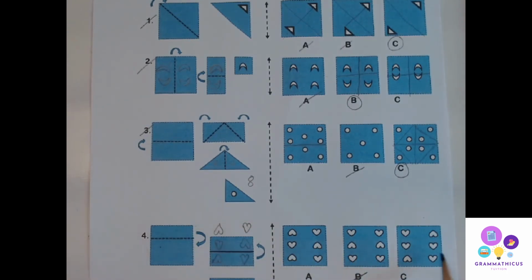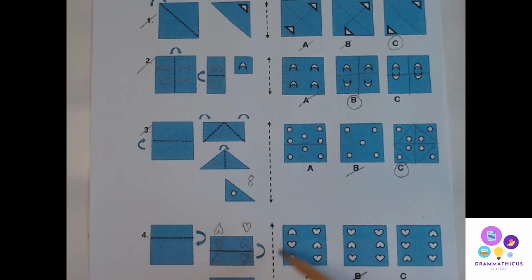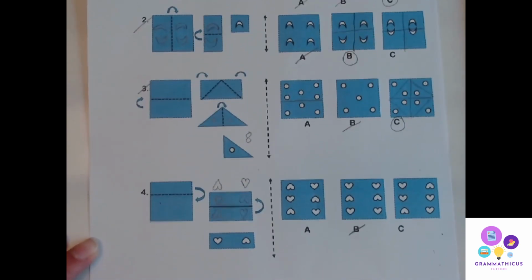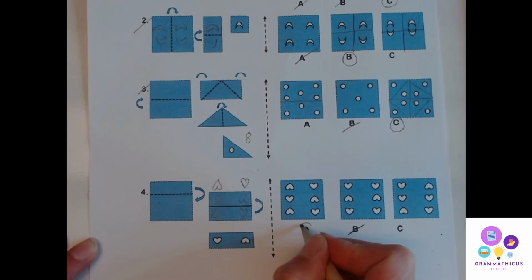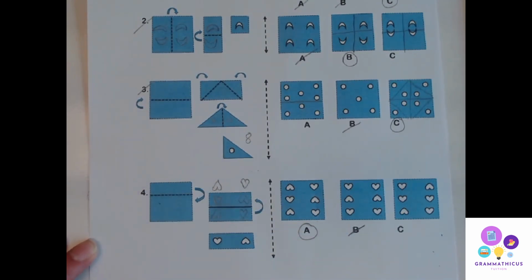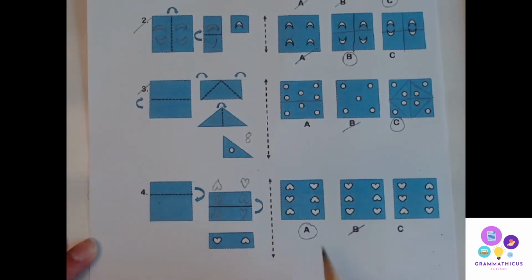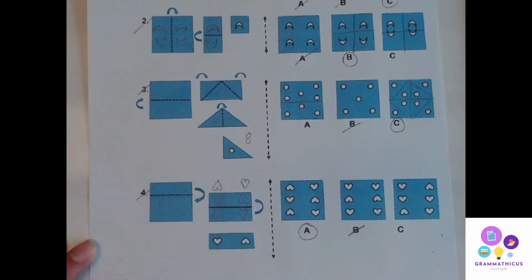So if I consider the two options I've got left, I can see that in C, this heart isn't a reflection of this one, and here my unfolded shape is exactly like the one that I've worked out that I've unfolded there. So A is going to be my correct answer. I'm going to mark that on my answer sheet and then I can cross off question 4.